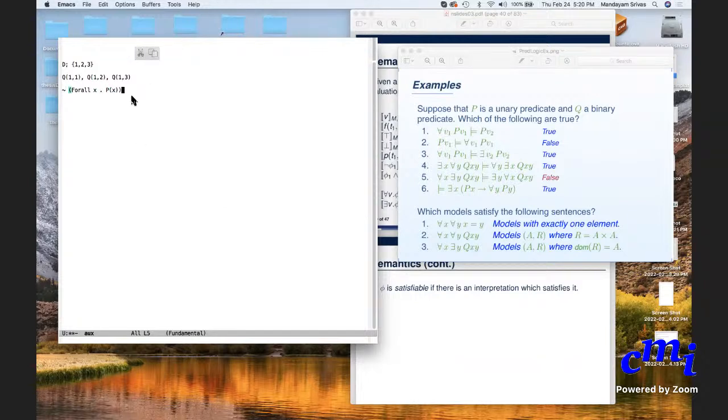See, as per the semantics, since this requires that for every x, p of x has to be true, that's when for all x is true. Because the negation by the semantics of this is equivalent to, or let me take the other one. Sorry, there exists an x such that p of x is true.